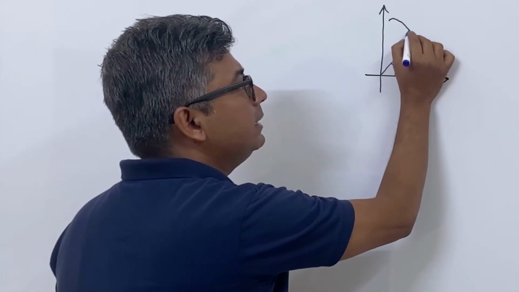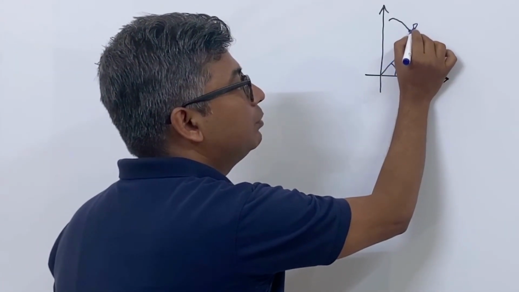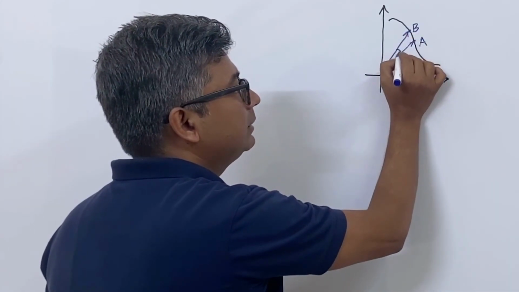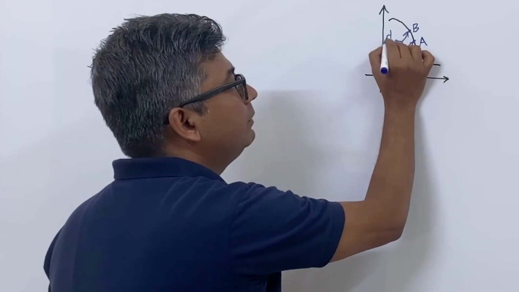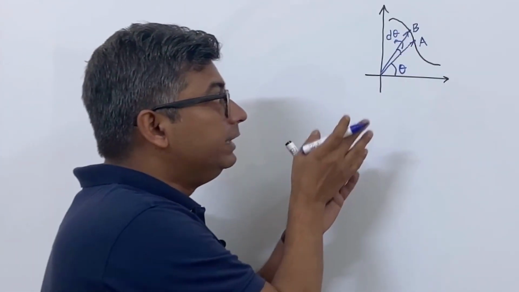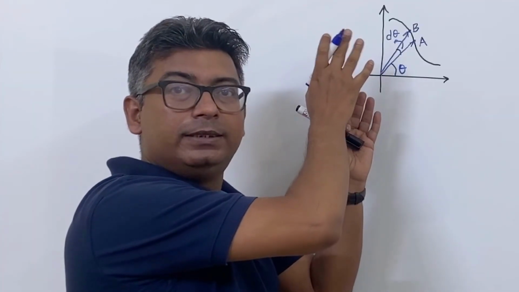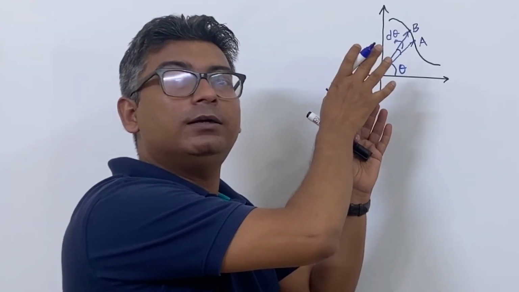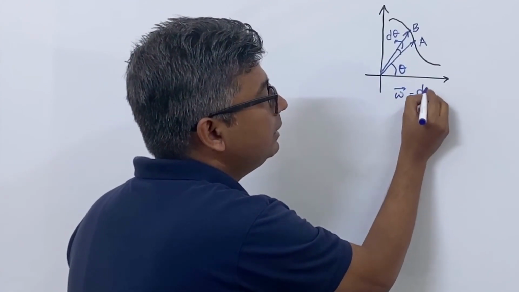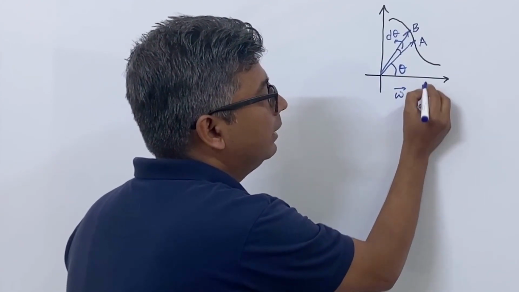After a small time dt, this is my position, and this is another position vector, which makes an additional angle of d theta. That means with time dt, d theta is the additional angular displacement. So my omega becomes d theta by dt.